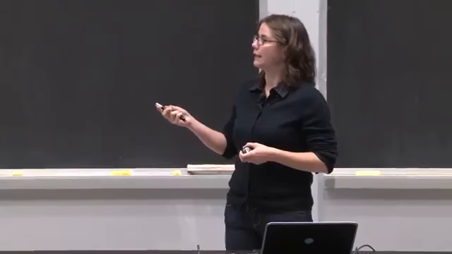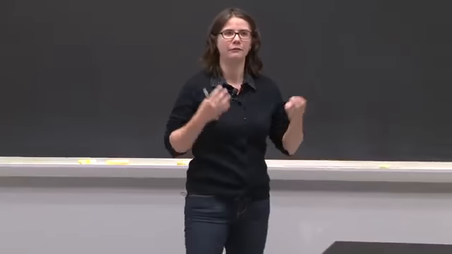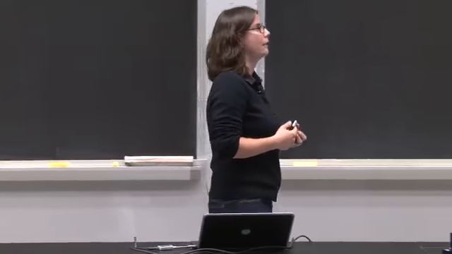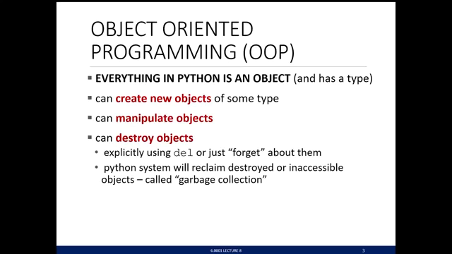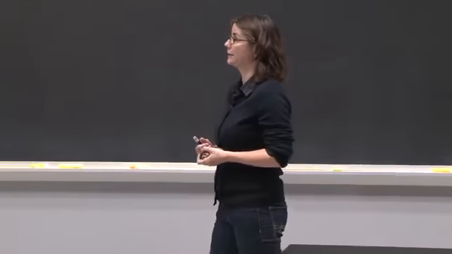Well, once you have a type, you can create a new object that is of some type. And you can create as many objects as you'd like of that particular type, right? An integer 5, an integer 7, those all work in a program. Once you've created these new objects, you can manipulate them. So for a list, for example, you can append an item to the end of the list. You can delete an item, remove it, concatenate two lists together.